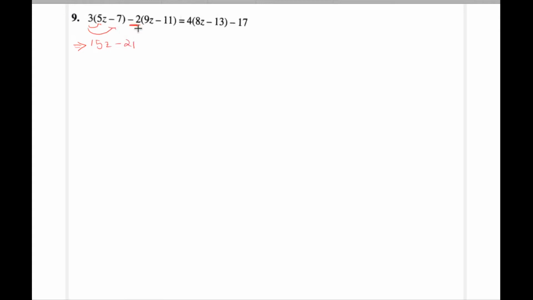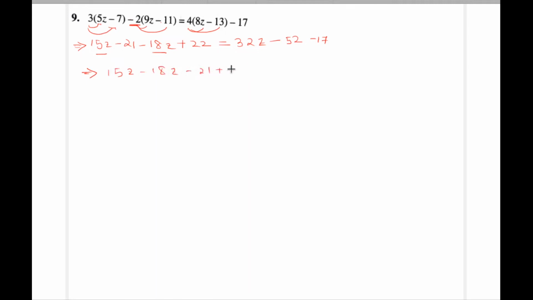Now this is minus 2, so minus 2 multiplied by 9z is 18z, minus times minus, plus 2 multiplied by 11 is 22, equals 4 multiplied by 8z is 32z, minus 4 multiplied by 13 is 52, minus 17. Okay. Now see, we have to bring the variables together.